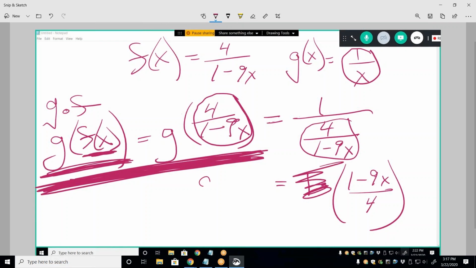Now, question of domain. If we go with the same strategy that we went with before, then there are no restrictions on that x.